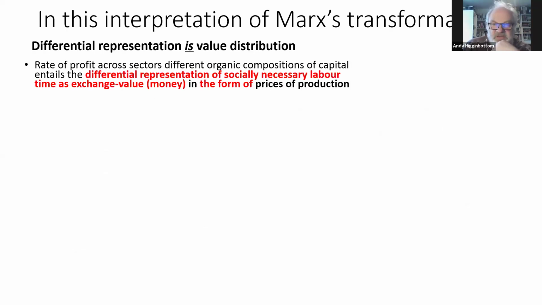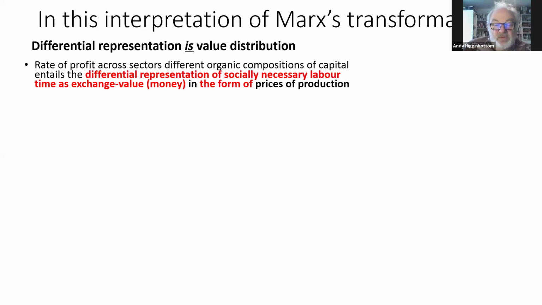This is my interpretation of Marx's transformation, and I'll summarize it in this way. Differential representation is how value is distributed across the different capitalist sectors. As we know, Marx sets up the problem in terms of sectors with different organic compositions of capital, some labor intensive, some capital intensive.